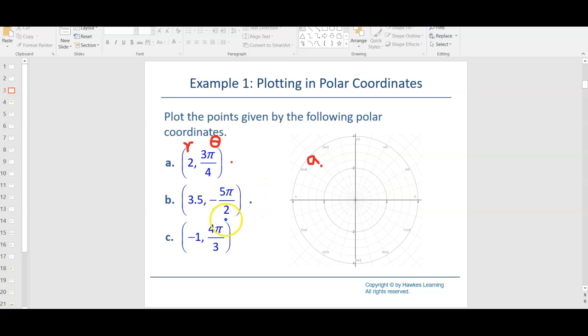So 5π/2 would be all the way around, 4π/2, plus another π/2, which would be down here. So 3.5, negative 5π/2, there's 3.5, there's 5π/2, so we would be right there, and that would be point B.